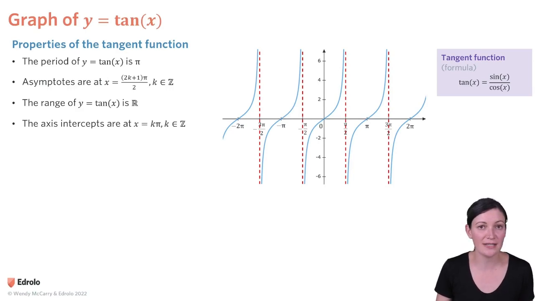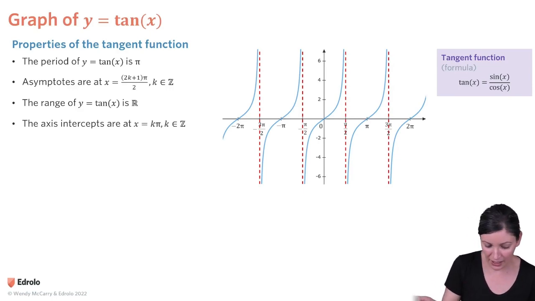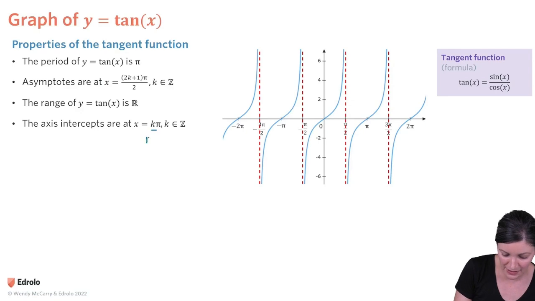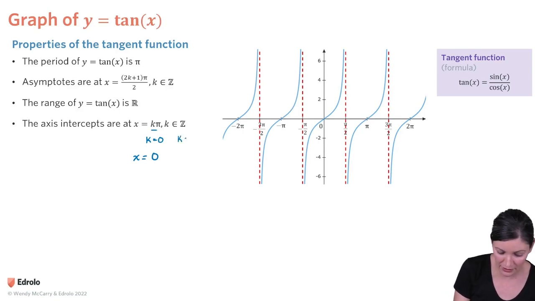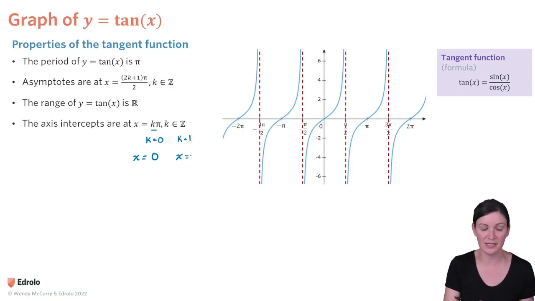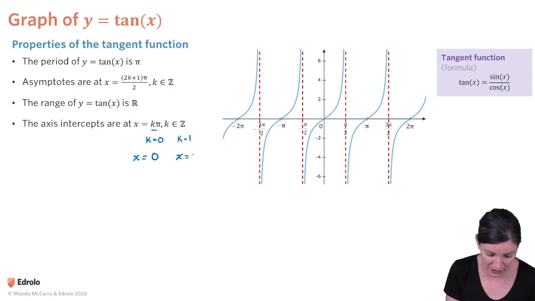We also have axis intercepts, where it's intercepting the x-axis at x equals k times pi, where k is any integer value. So if k was equal to 0, the first axis intercept is at 0. If k is equal to 1, the next axis intercept is at 1 times pi, which is pi.